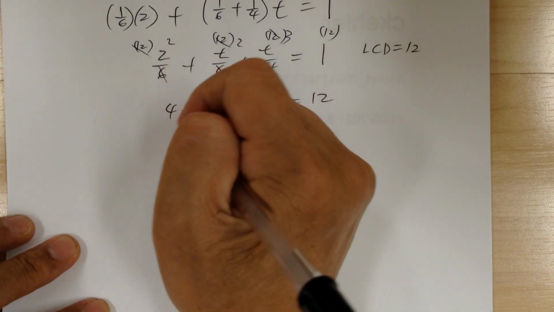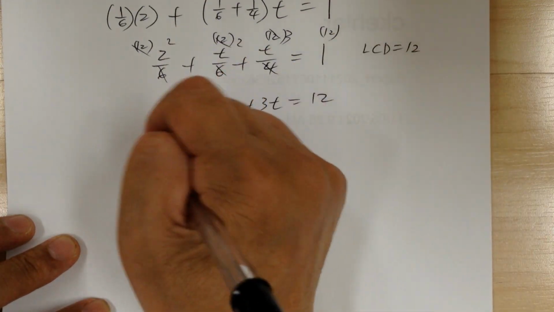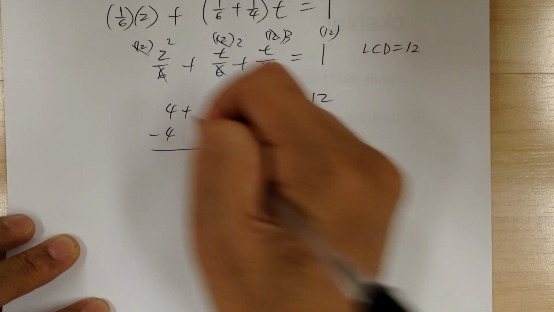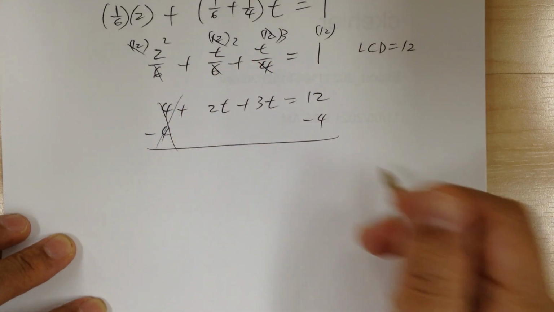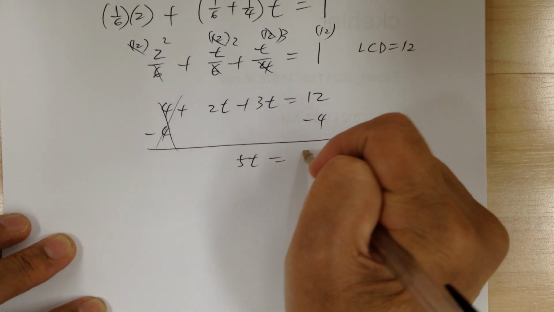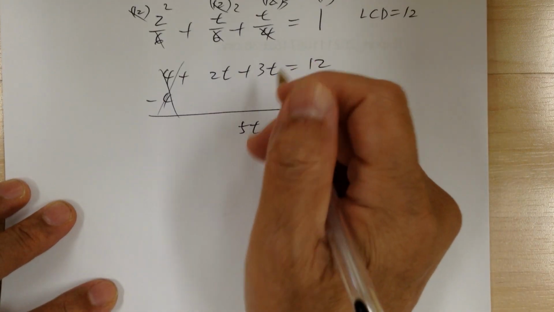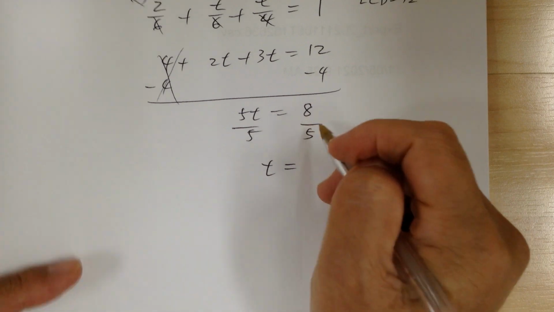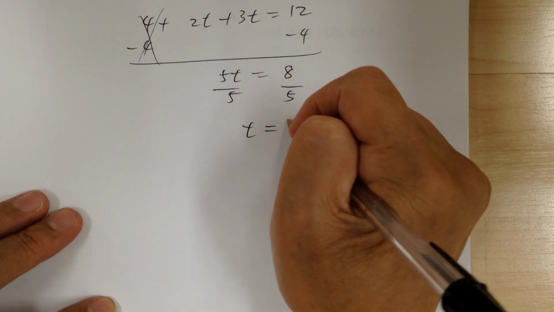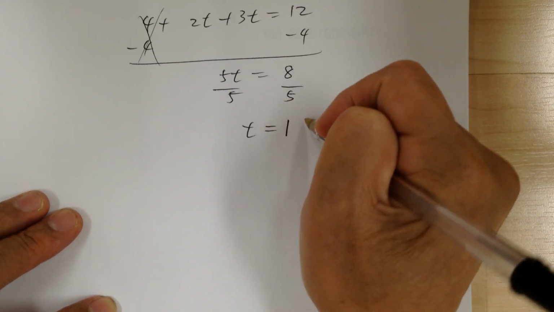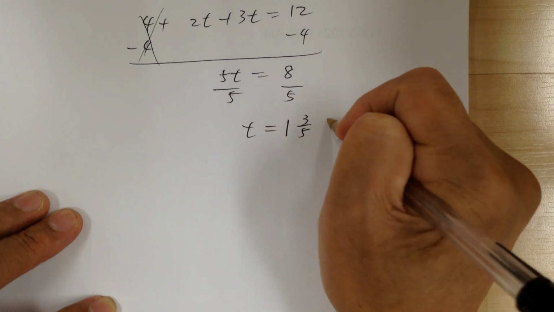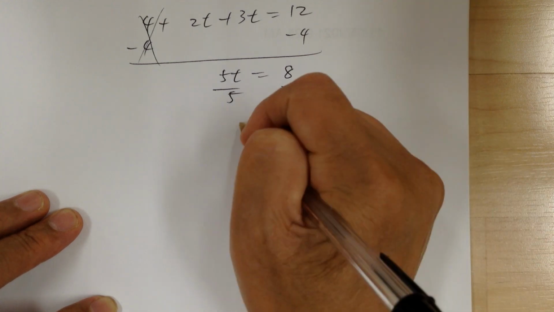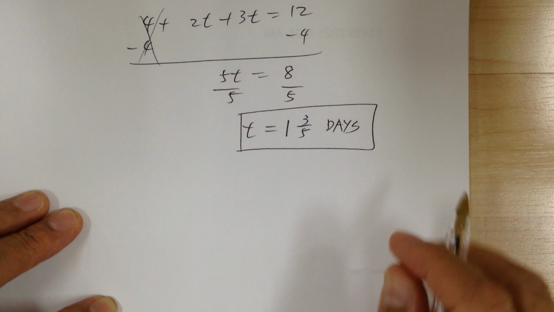Okay, so I'm going to move this number to the other side, so minus 4 on both sides, so that this will cancel out. So now I got 5t equal to 8, and divide by 5, divide by 5. So t equal to 8 over 5. That's going to be the mixed number, so it'll be 1 3/5 days. Okay. And that's it.